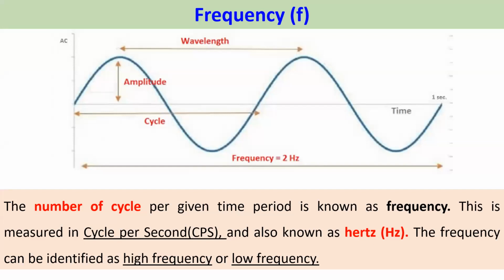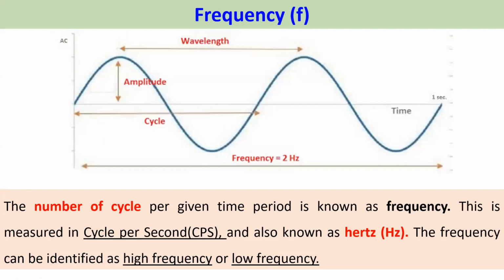Here in this signal there are 2 cycles. Therefore, in this case, frequency is 2. You can measure this frequency using the unit called hertz. Later this hertz may become kilohertz, megahertz, like that.